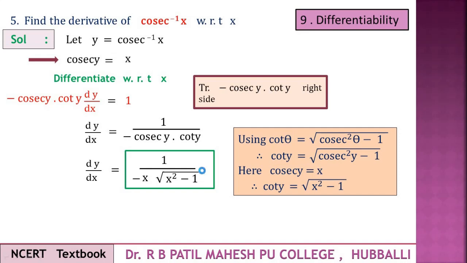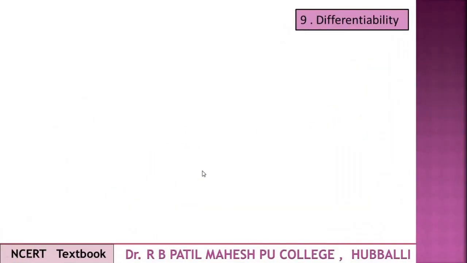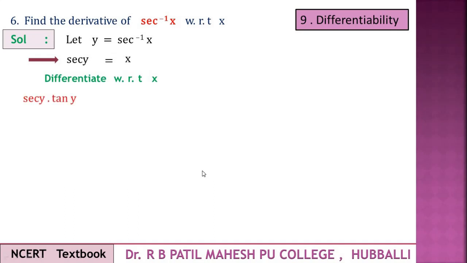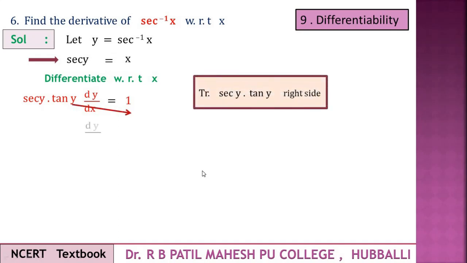So the last function derivative is secant inverse x. y is equal to secant inverse x, then secant y is equal to x. Differentiate this: it is secant y into tan y into dy by dx is equal to 1. So dy by dx is equal to, transferring this product to the right side, 1 divided by secant y into tan y.